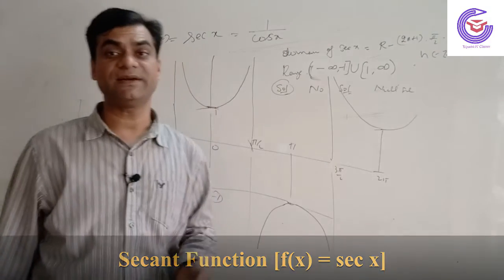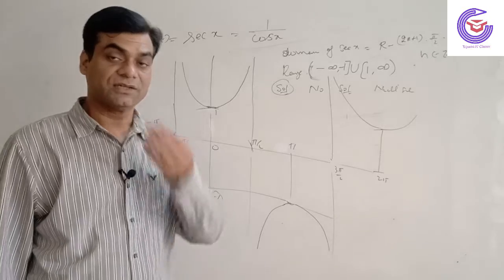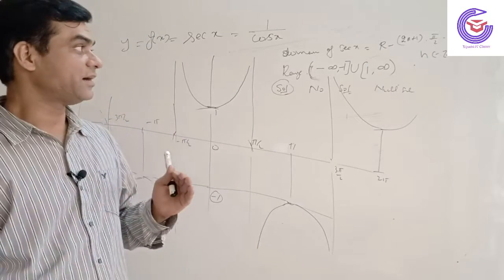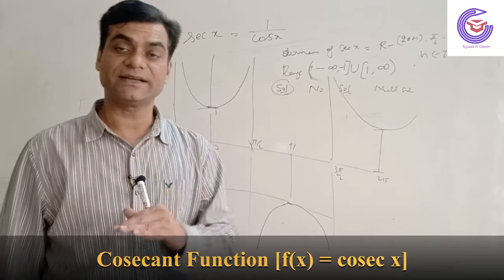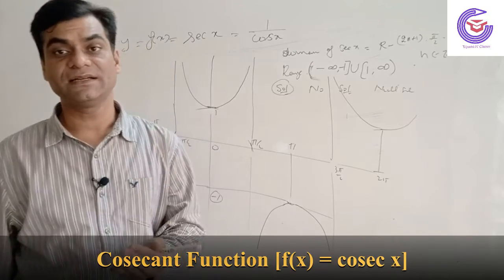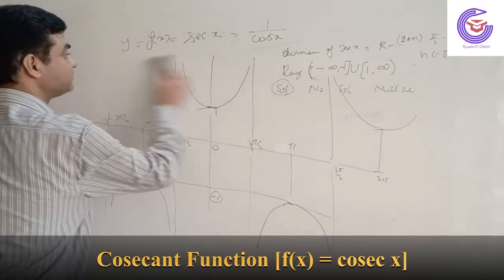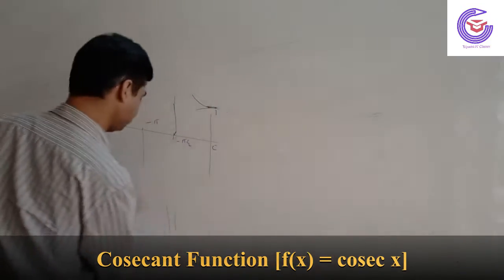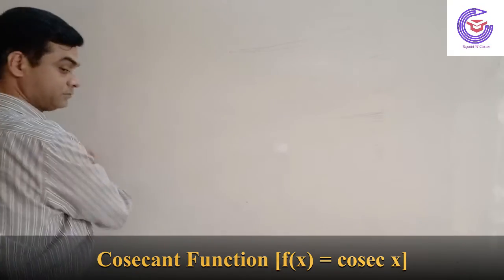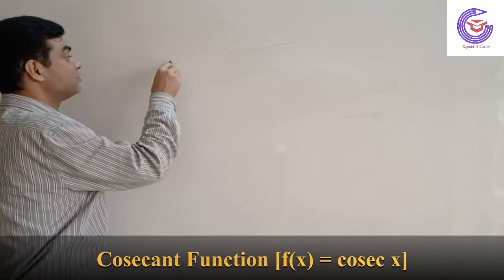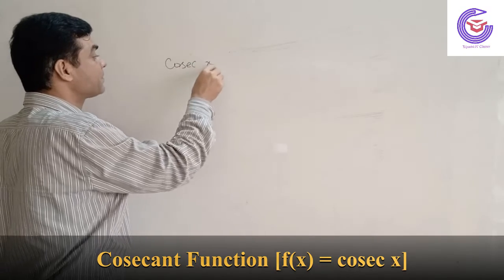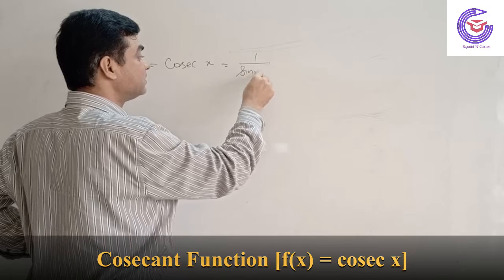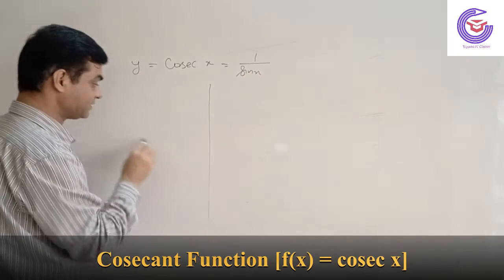And the last one in trigonometry is cosec x. In case of cosec x also, let's use the same strategy. Let's plot first sin x and then reciprocate that thing, and you will get the graph of cosec x. So cosec x function is 1 upon sin x. You know how to plot sin x.